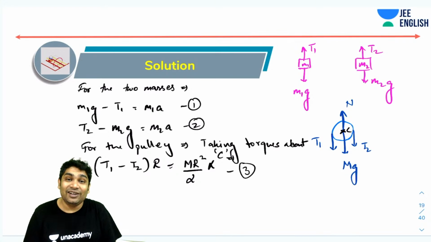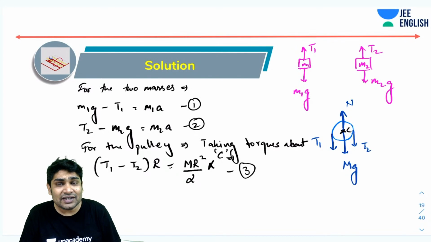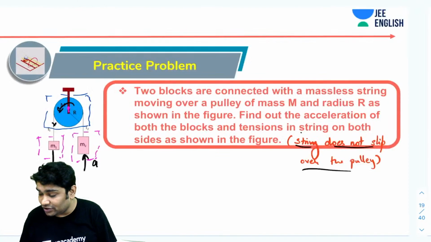Now let's take a look at the three equations that we've got. We have three equations, however, we seem to have four unknowns: T1, T2, A, and alpha. I need a fourth equation. The fourth equation will be obtained using the constraint equation. Let's talk about this point of the string.